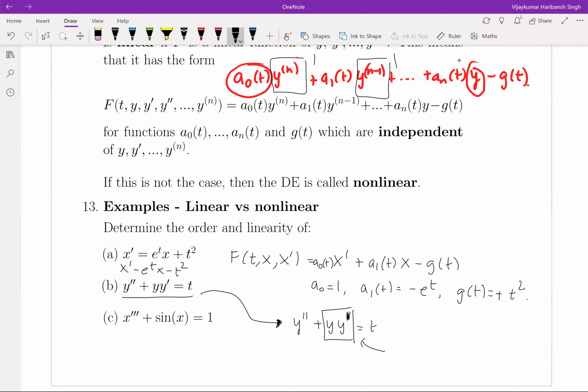Now y should have been separate. The only thing you are allowed to multiply with y is some function of t. But you have y and y prime multiplied together. This is non-linear. What is the order? Second order, because the derivative is of second order. Similarly, for the first one, we should also have written this. So the first one is first order.